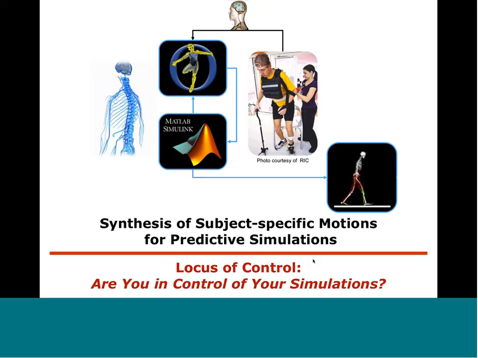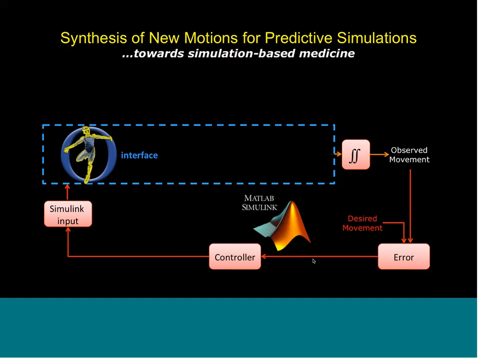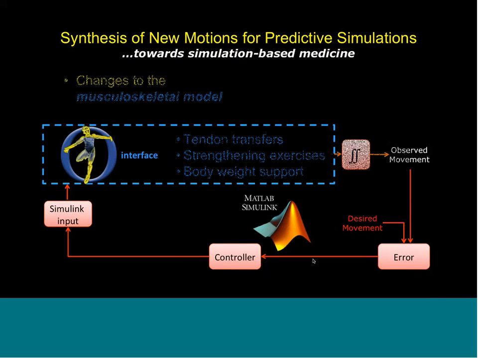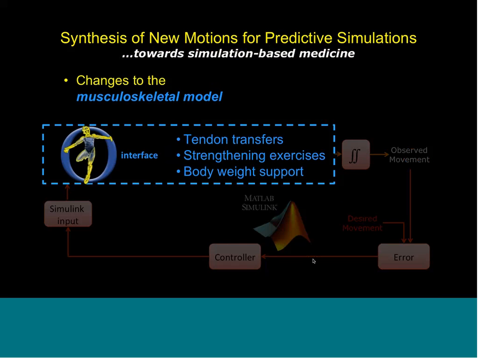And so moving toward using predictive simulations for simulation-based medicine, there are really two broad areas where we can start to change this feedback loop. First, we can make changes on the model side, the musculoskeletal model side, or the OpenSim side of things, where we can simulate different surgeries or rehabilitations, tendon transfers, strengthening exercises, any kind of body weight support, orthotics.